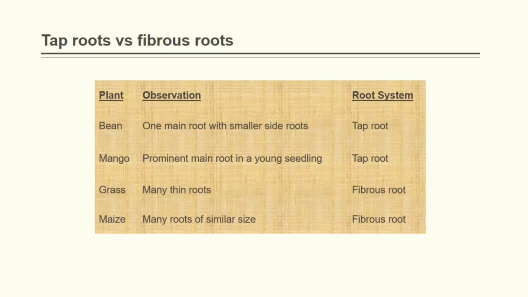That one is also a taproot. But when you take grass, you realize that the grass has many thin roots, and because it has many thin roots, it is a fibrous root. Similarly, maize also has roots of a similar size, and that also makes it a fibrous root.